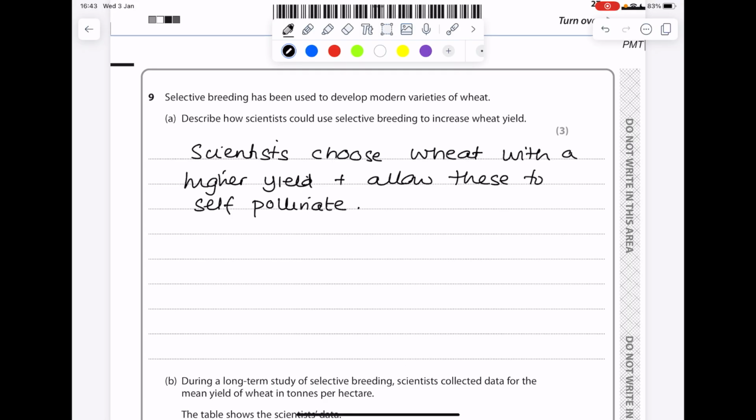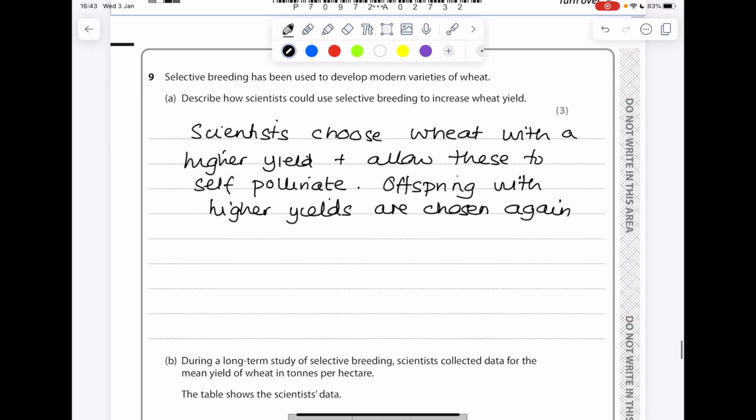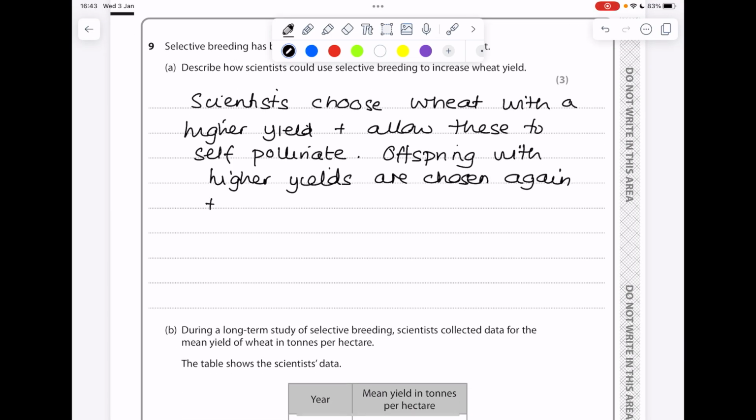And the key thing with selective breeding is offspring with higher yields are chosen again and made to self-pollinate. And the process repeats over several generations, and that's the key underpinning feature of selective breeding.